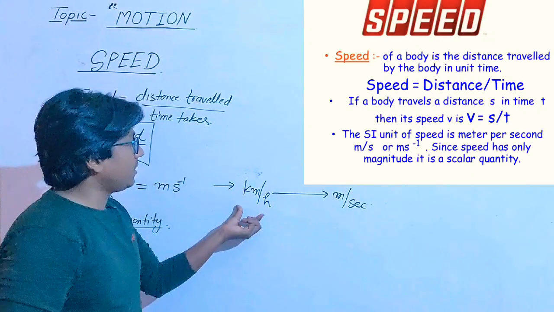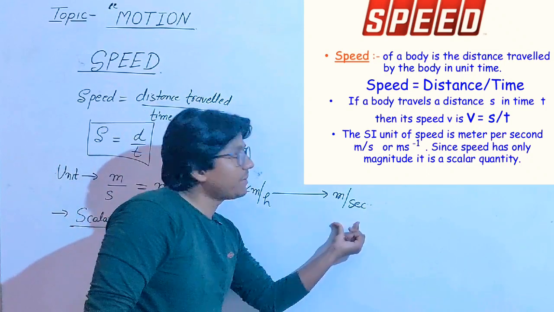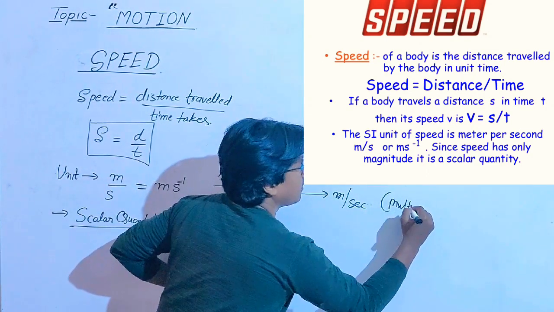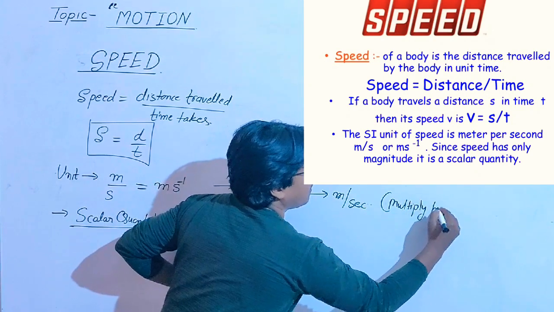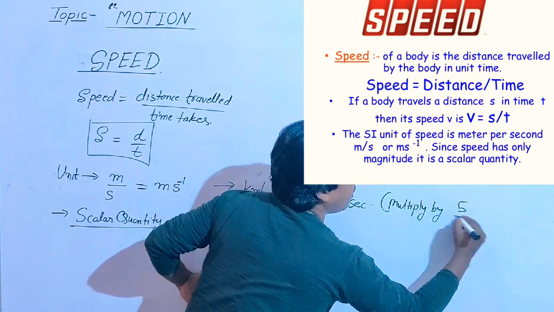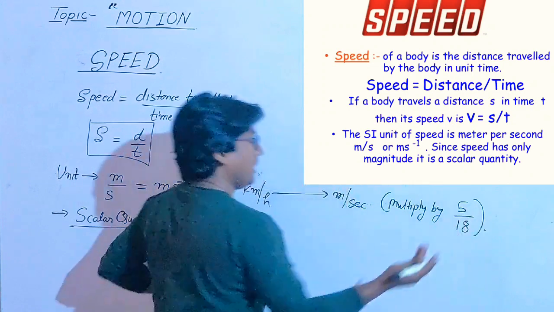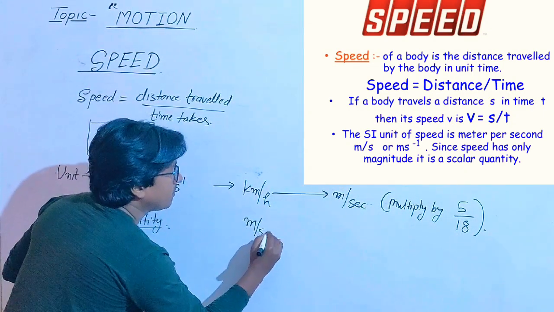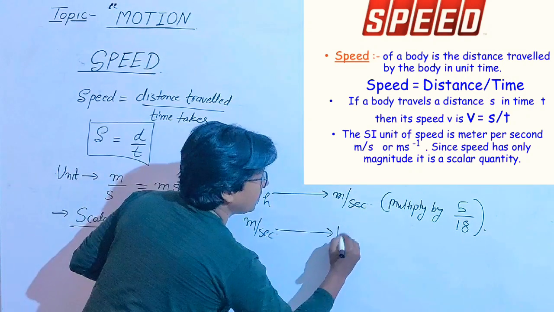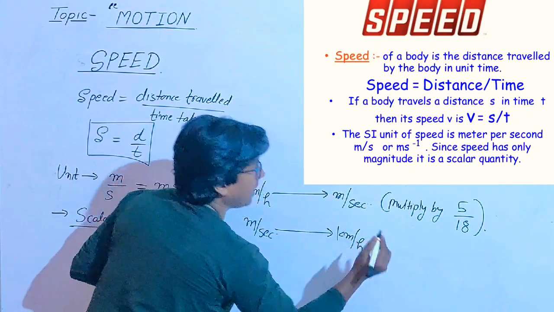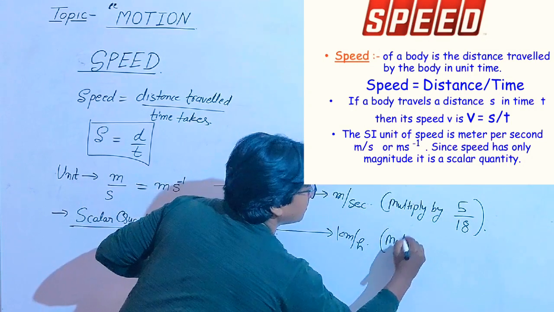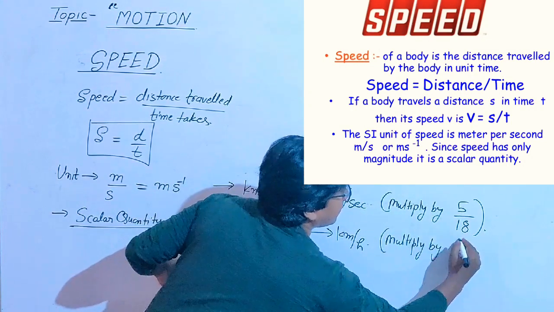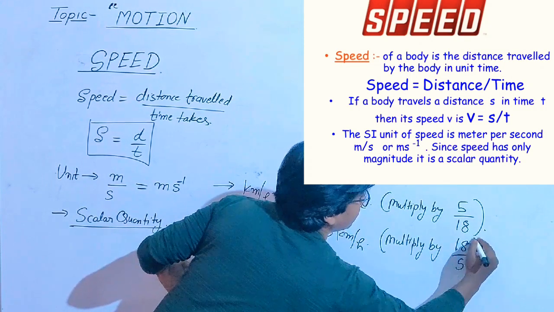If we have to convert kilometer per hour into meter per second, we have to multiply it by 5 upon 18, and vice versa. If we have to convert meter per second into kilometer per hour, we have to multiply by 18 upon 5.